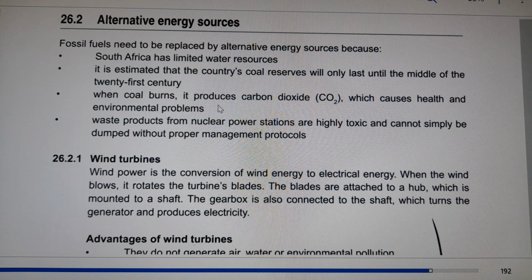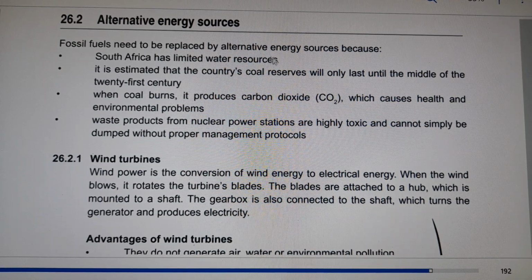When coal burns, it produces carbon dioxide, which causes health and environmental problems. And the waste products from nuclear power stations are highly toxic and cannot simply be dumped without proper management. Okay, so fossil fuels need to be replaced by alternative energy sources because of these reasons.